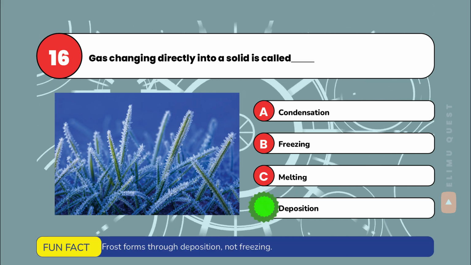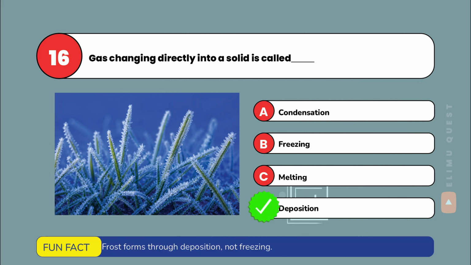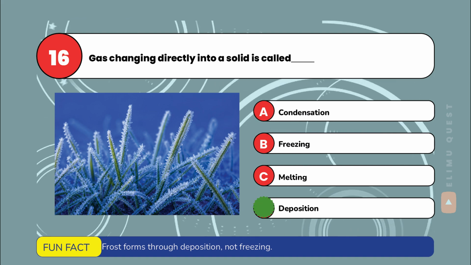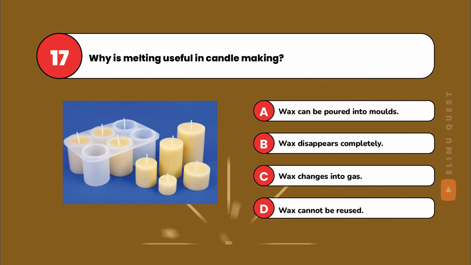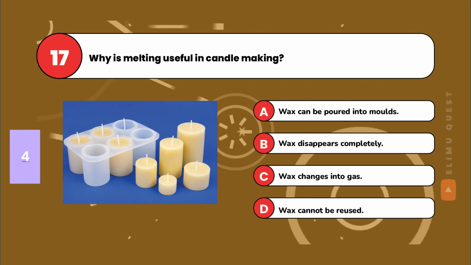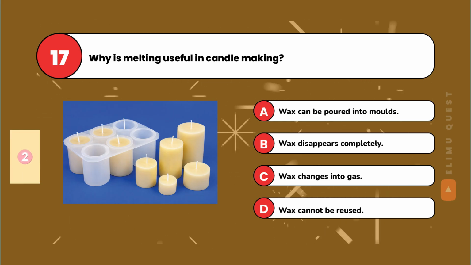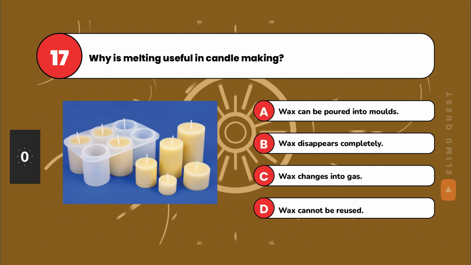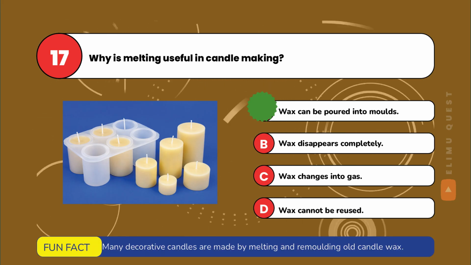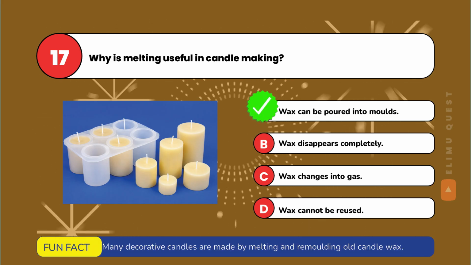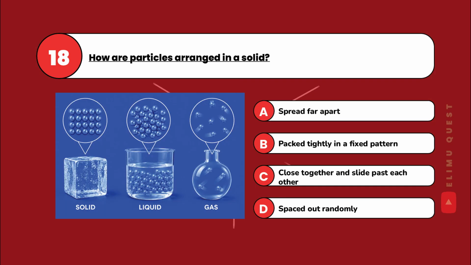During deposition, a gas changes directly into a solid without becoming a liquid. Why is melting useful in candle making? Melted wax flows easily into molds before cooling and solidifying.